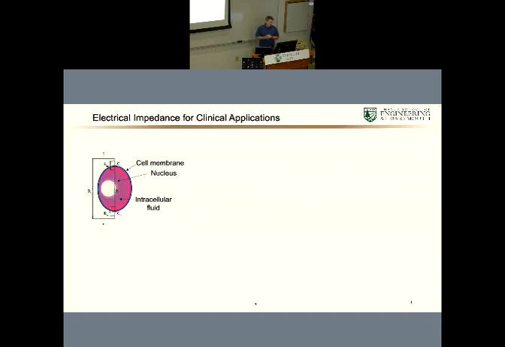So electrical impedance tomography, E equals IR. With cells, there's a general circuit model for it. It's an RC parallel circuit, but basically you have resistance of extracellular tissue, you have resistance for the intracellular tissue fluid, and then you have the cell membrane, which acts as a capacitor. Capacitors are really resistant at low frequency, and have a low resistance at high frequency.